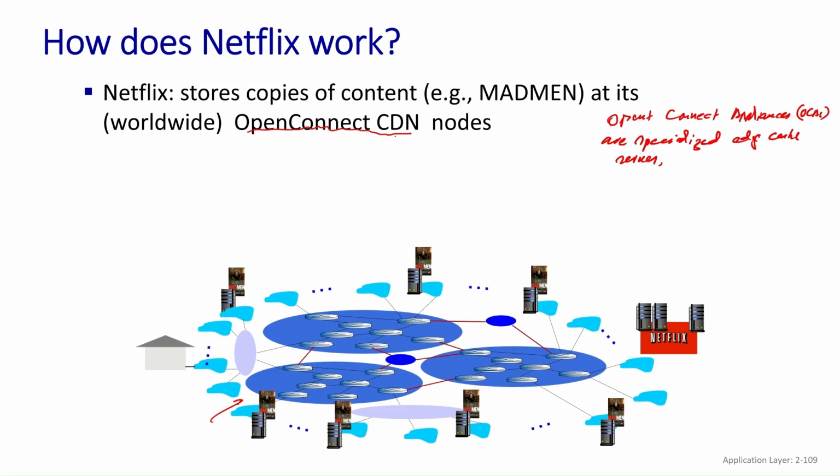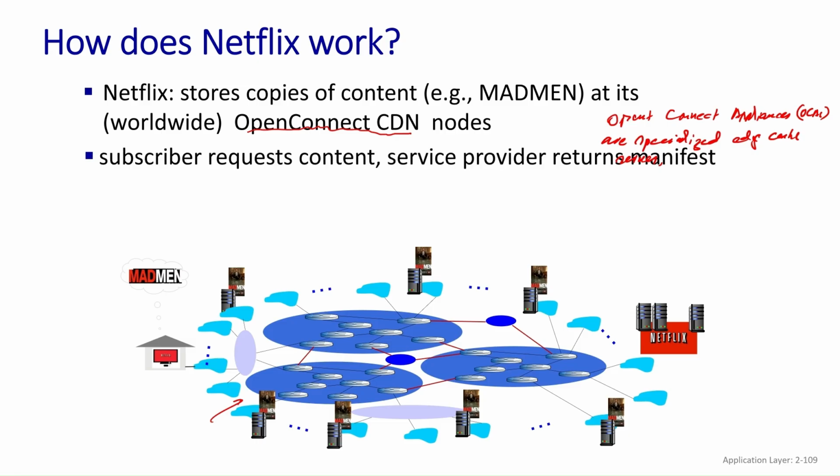Now, for example, I want to watch Mad Men. First of all, the subscriber will request the content from the service provider, and the service provider will, in return, share a manifest file.